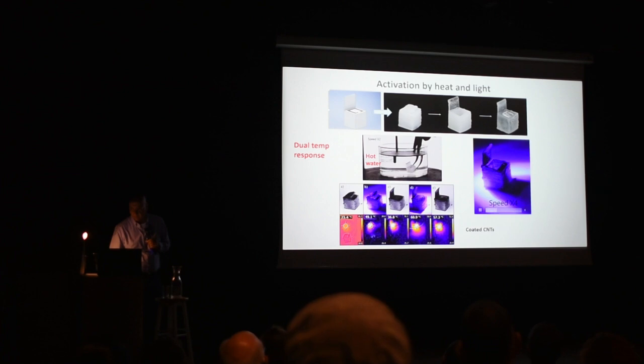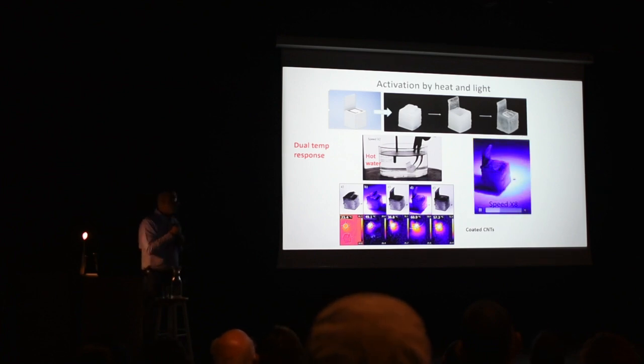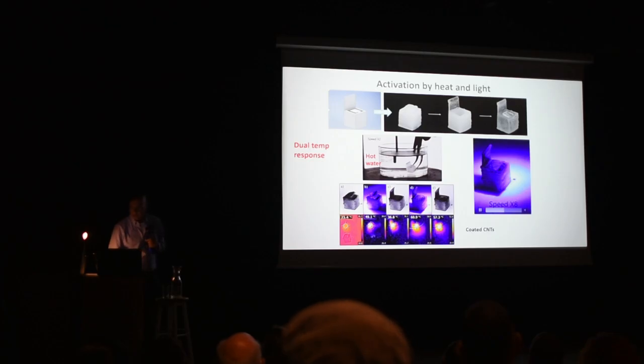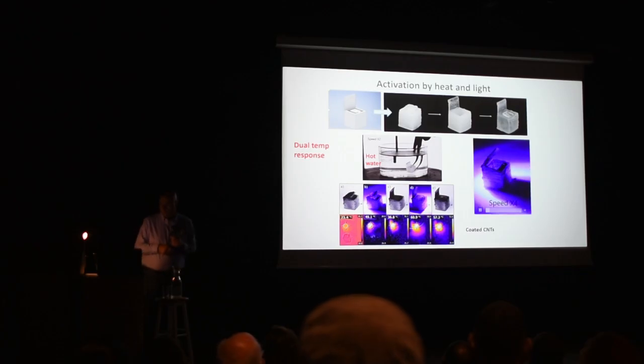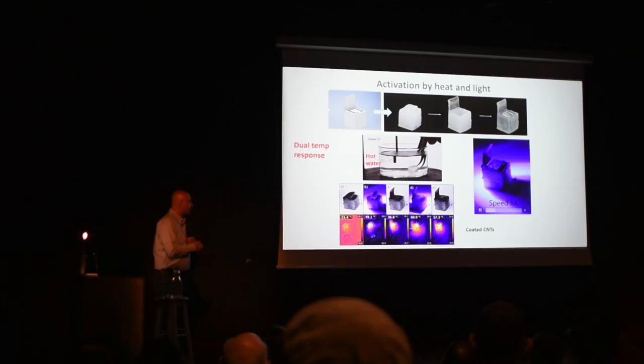And here we coated the box with, you remember the carbon nanotubes? They are a black material, and what happens to a black material when it absorbs light? It gets warm. So we can remotely activate the opening of the box by shining light onto it. There are other materials that can get heated by shining light, for example gold nanoparticles.